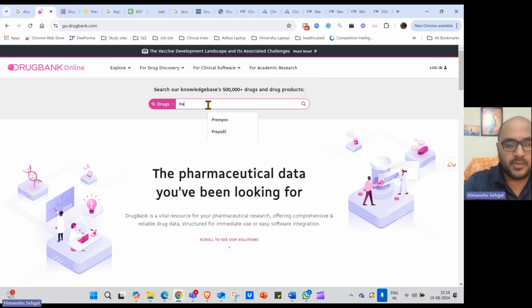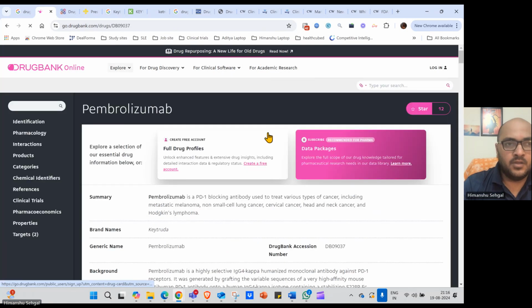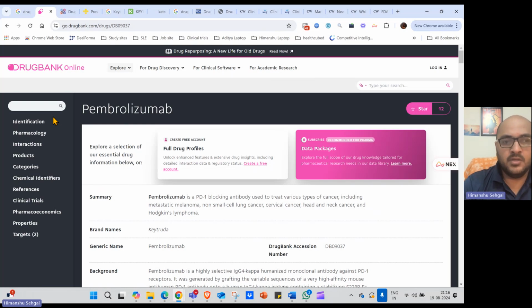Let's go for pembrolizumab. I look for pembrolizumab, and here it comes. If there were more than one pembrolizumab, for example biosimilars registered on this, you would have gotten more options.